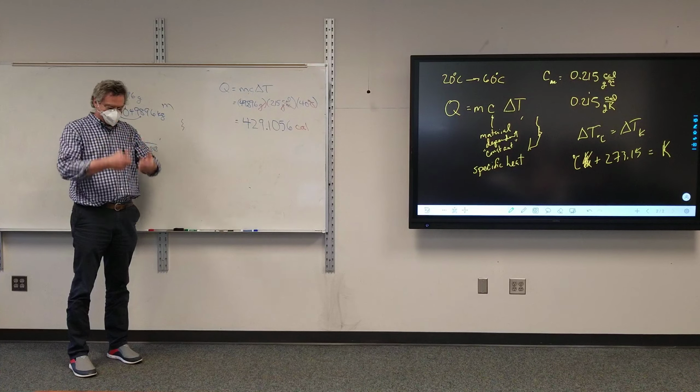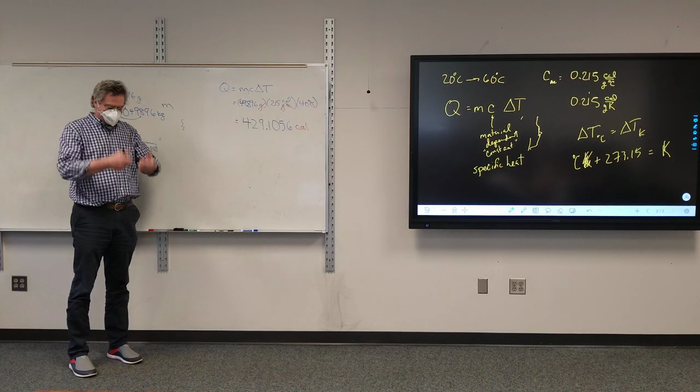So a food calorie, abbreviated with a capital C, is 1,000 calories, or 1 kilocalorie with a lowercase c. All right, so it's less than a half of a food calorie.